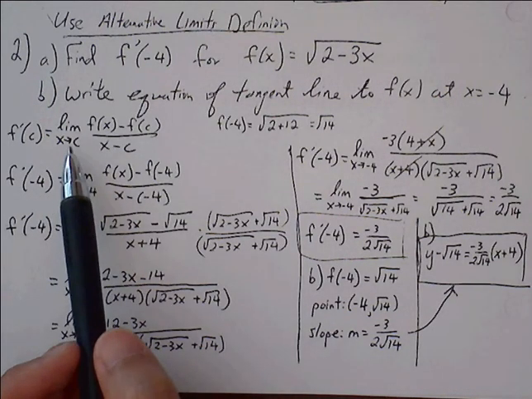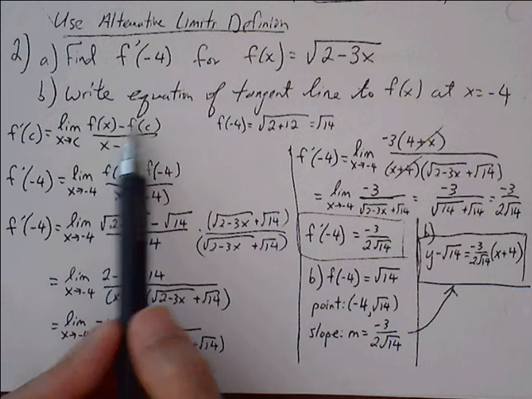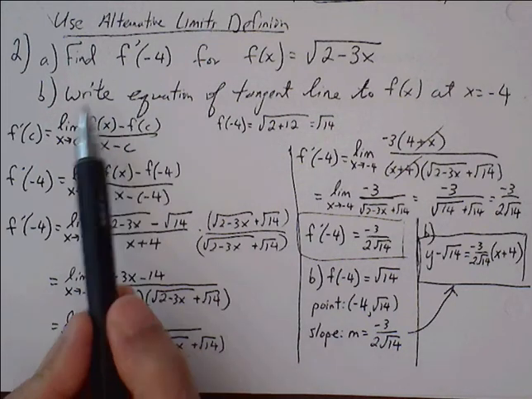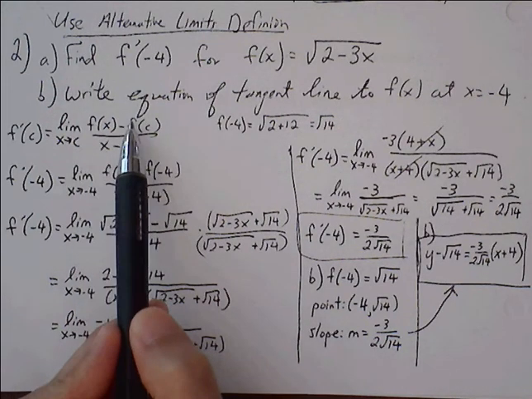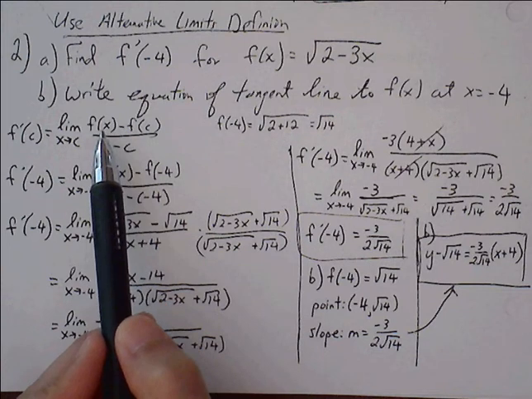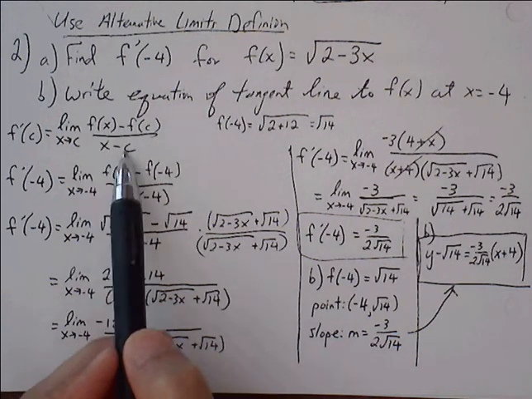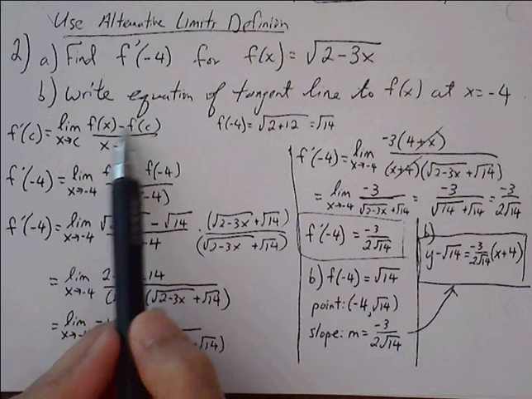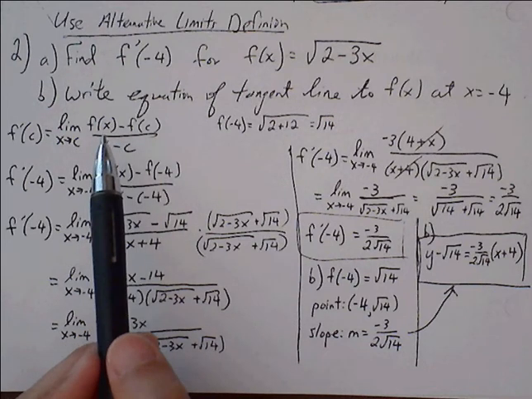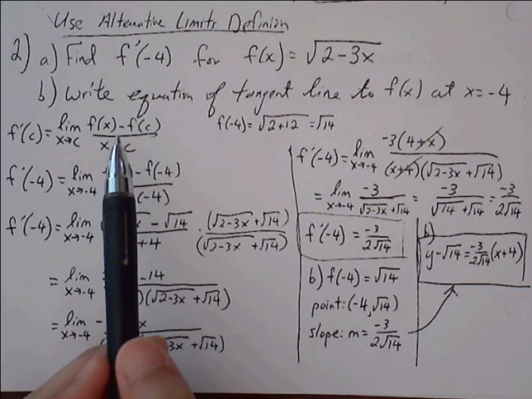It's going to have a similar form in the sense that it is some variation of a slope formula, since essentially the derivative is just another way to represent slope.